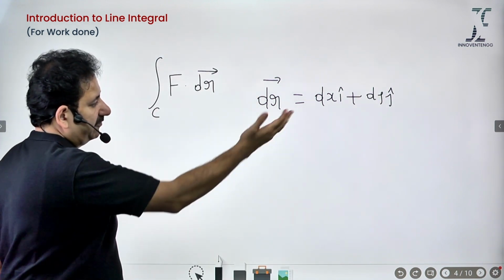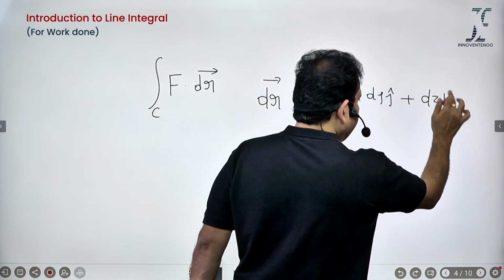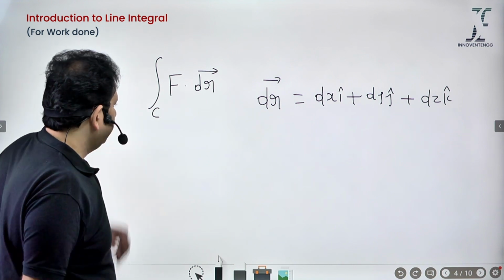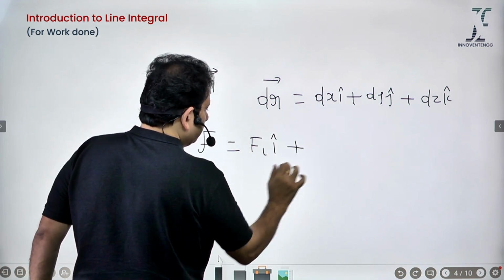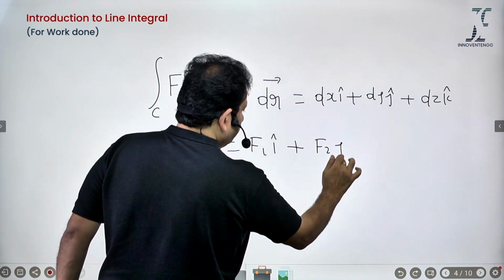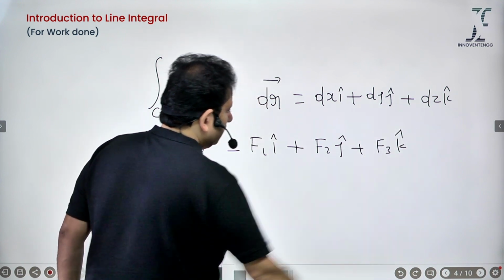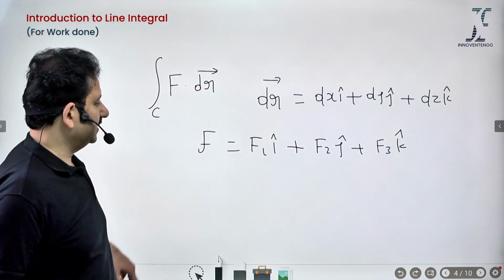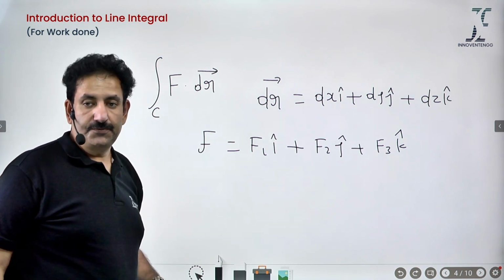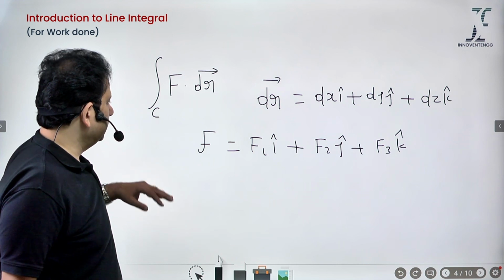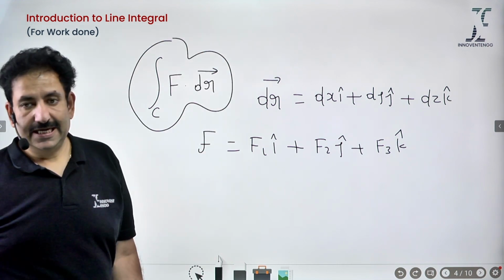Of course, if you have a three-dimensional situation, then it is dz k, and f can also be written as f1 i function of x y z, f2 j function of x y z, f3 k function of x y z. Otherwise, if they are constants, simply the actual displacement multiplied by force will give you the work done. So this is how you interpret and look at this particular expression.